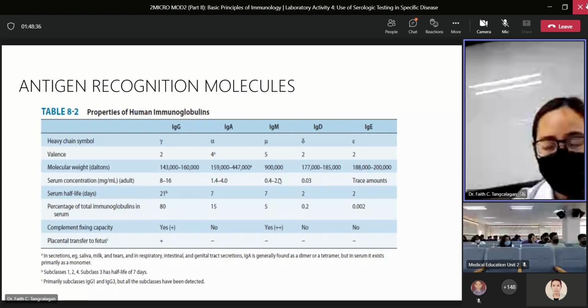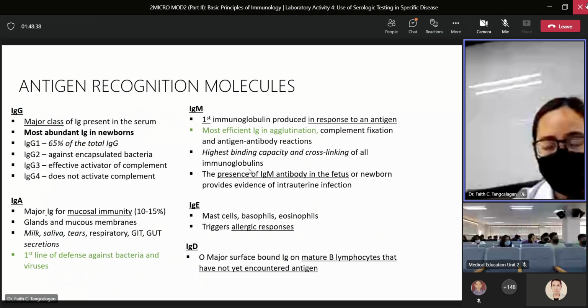And actually, the presence of your IgM in the fetus only signifies that there is an intrauterine infection. Because IgM should not be in the fetus, right?